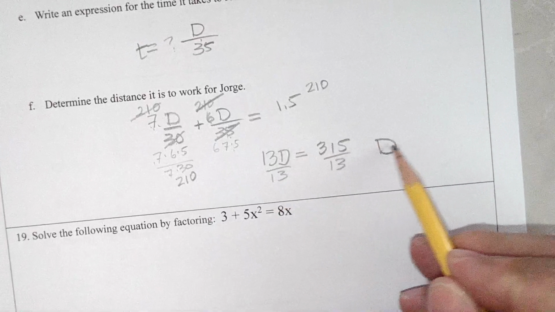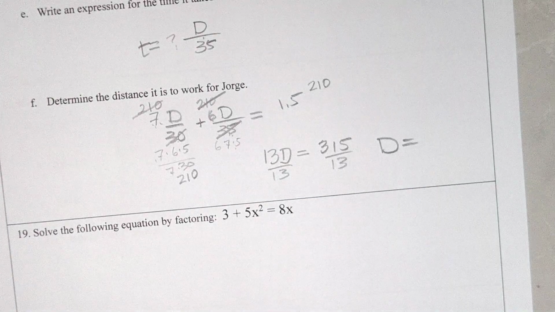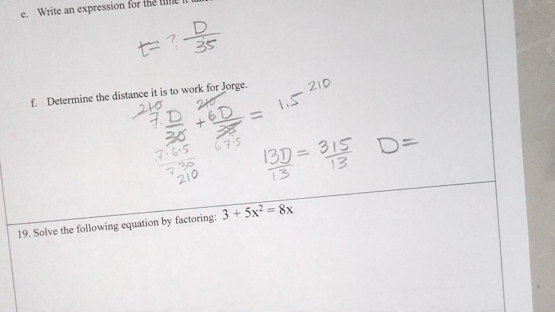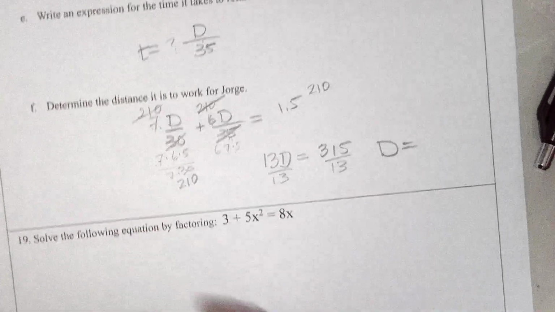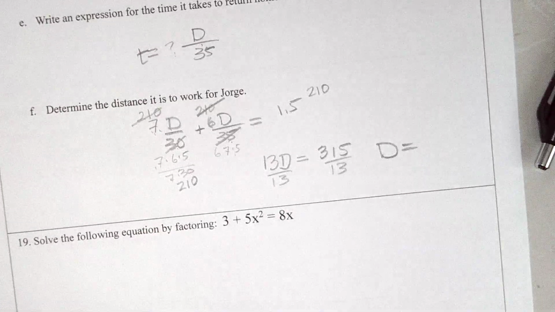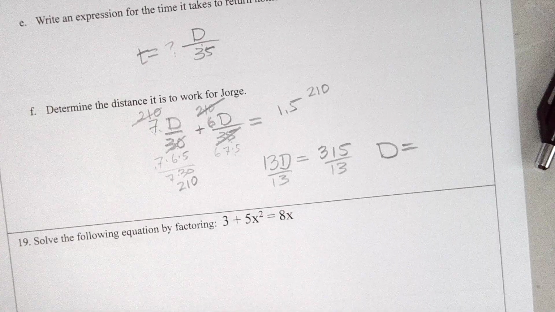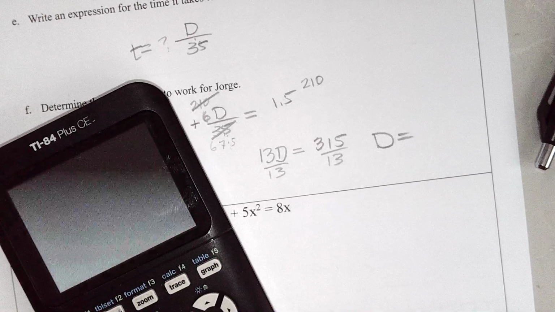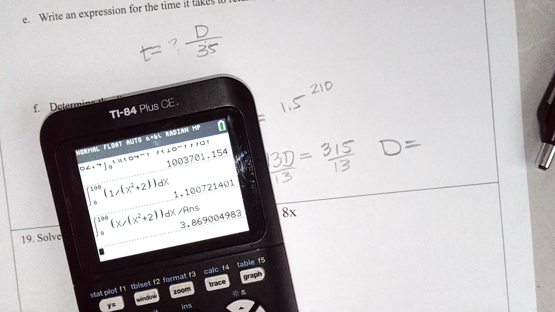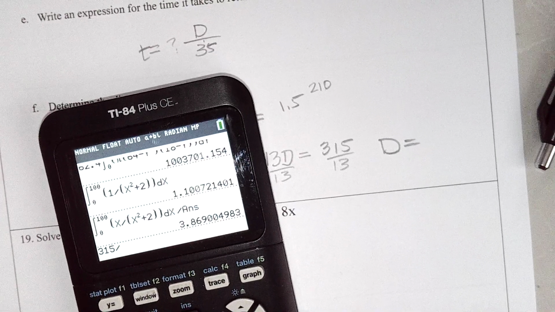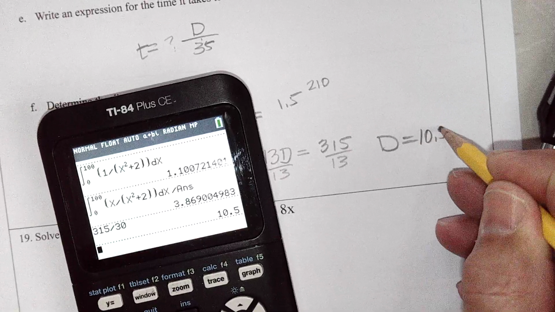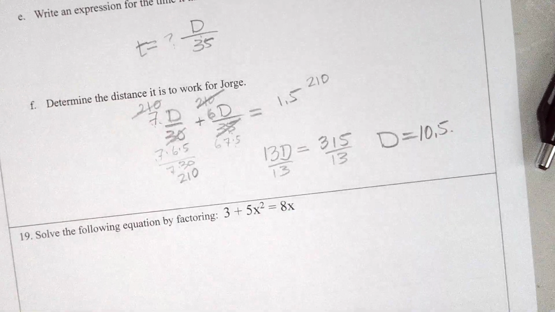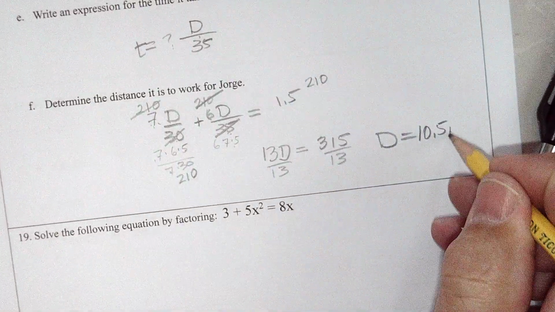And the total distance to work for this person is, I don't know that one off the top of my head. I'm looking for a calculator here. 315 divided by 13 is 24.2, and this distance is in miles.